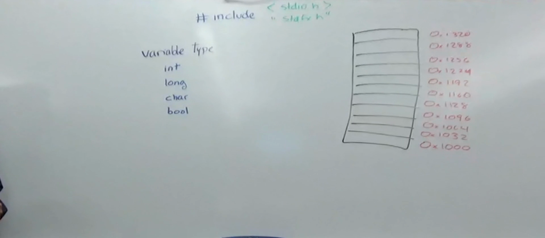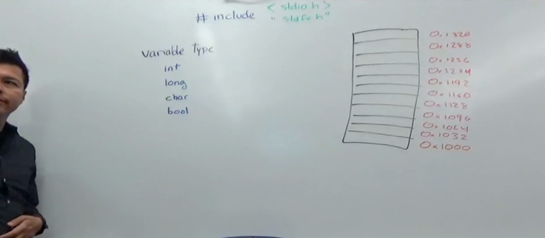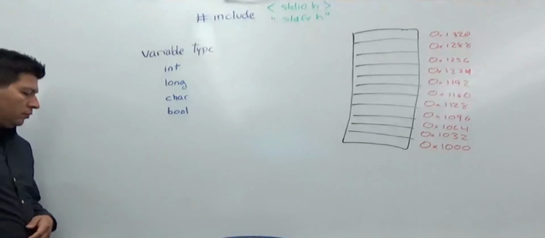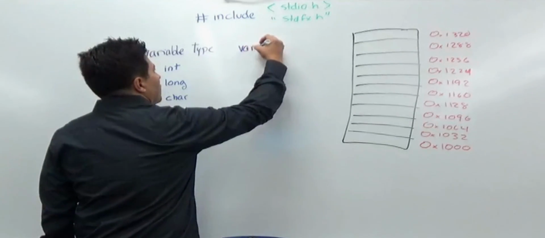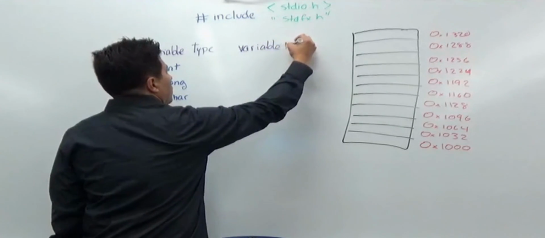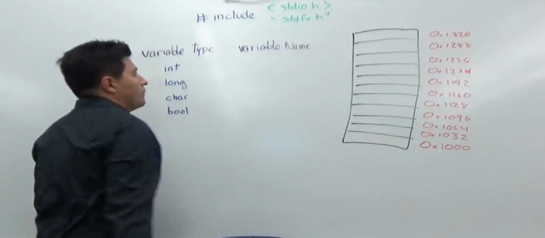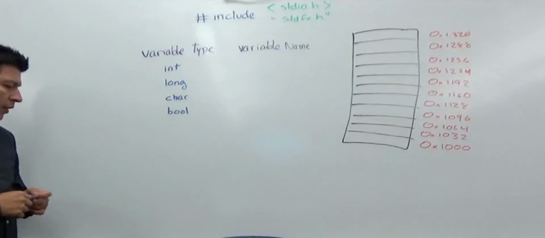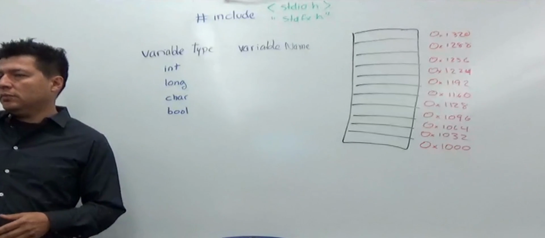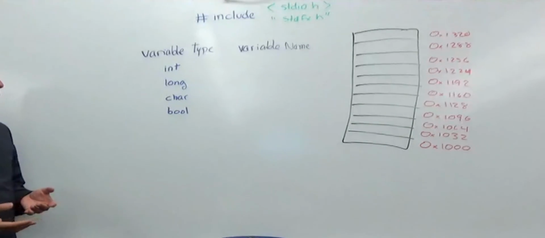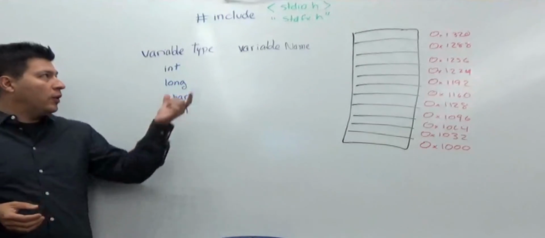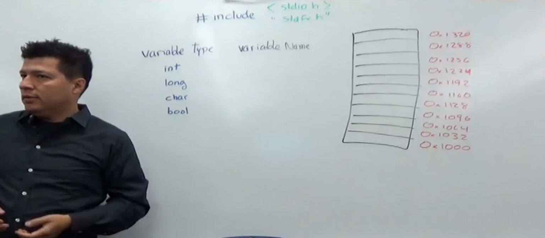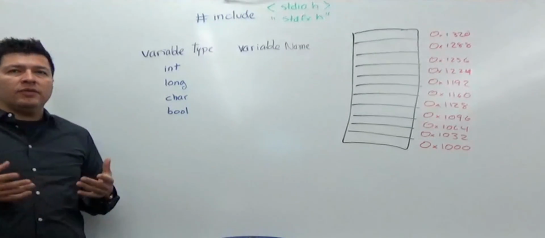So after you select the variable type, you've got to give it a name. And the variable name, first, you can't use a reserved word like one of these or include. But the variable name has these rules.